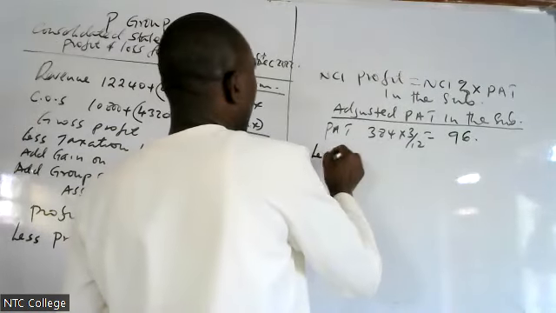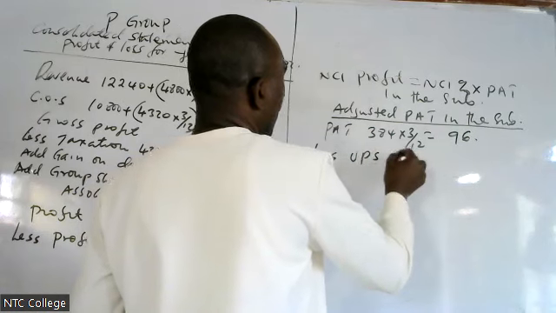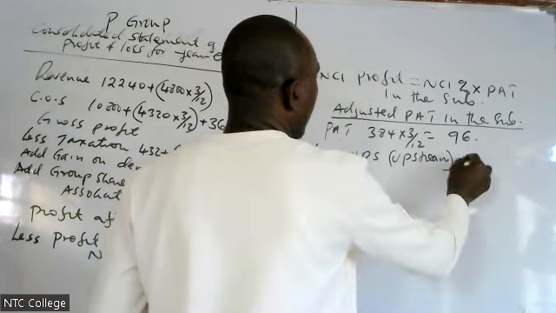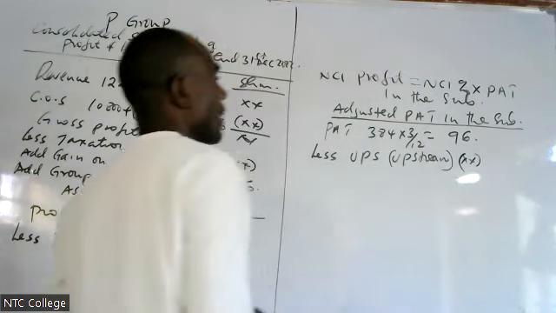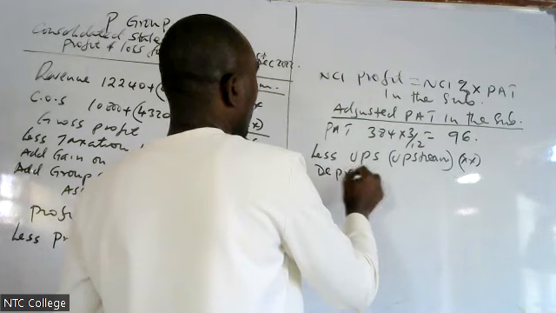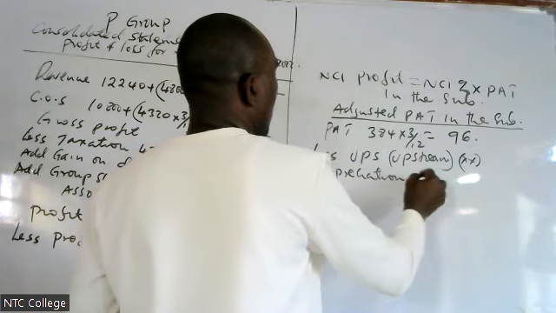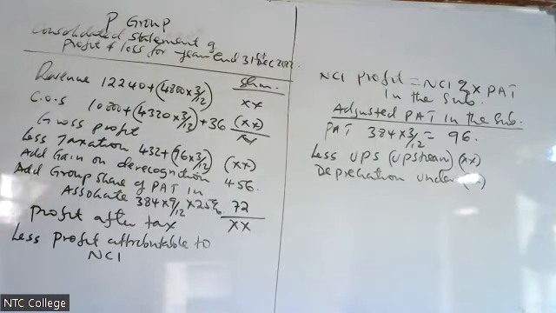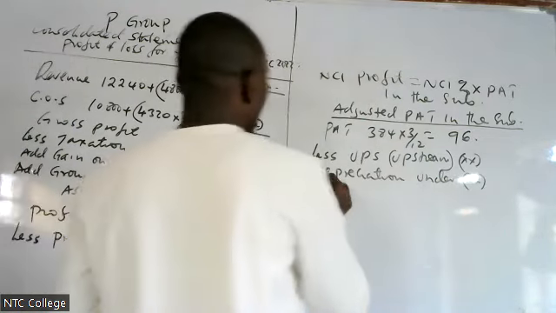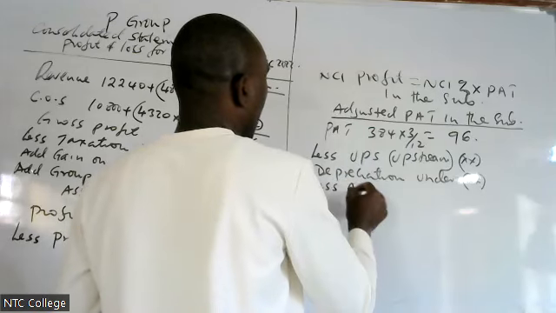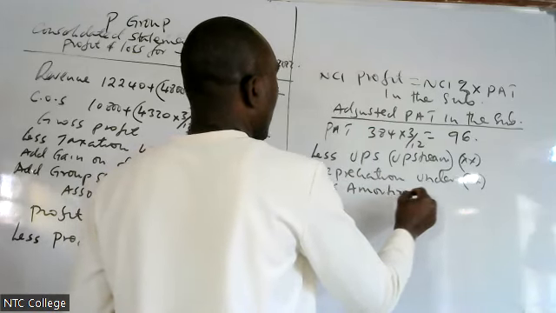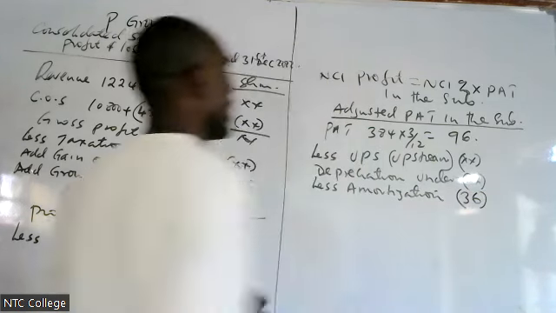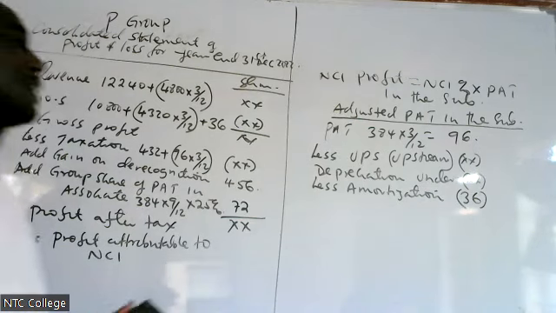Then I come to less UPS, upstream. Yesterday I explained this. I will not explain again. We come to less depreciation undercharge. We come to less amortization if it is there. In this question we have amortization of 36, fair value adjustment.